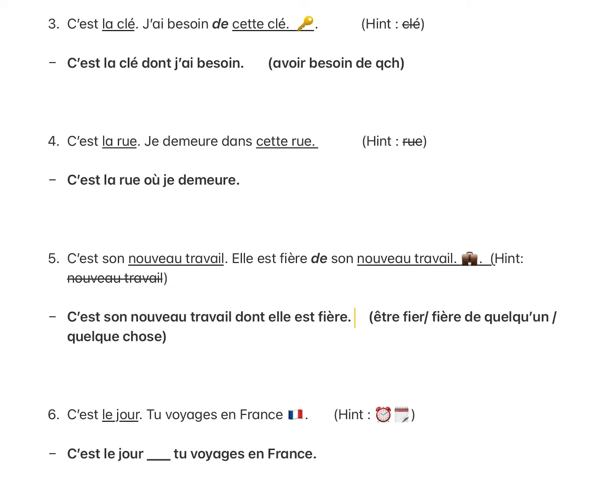Apart from that, the expression that we learn with the verb être is être fier or être fier de quelqu'un or de quelque chose, which means to be proud of someone or to be proud of something. Fier is in the masculine form. Fière is in the feminine form.